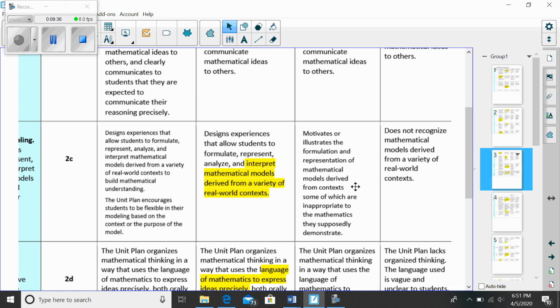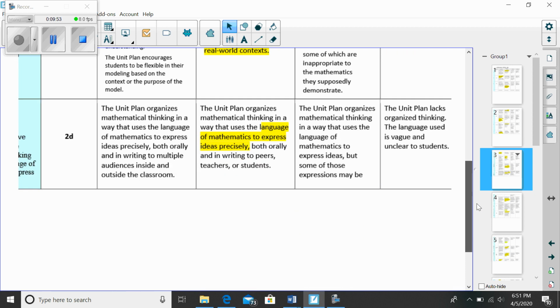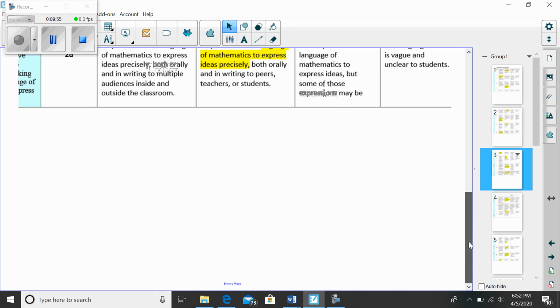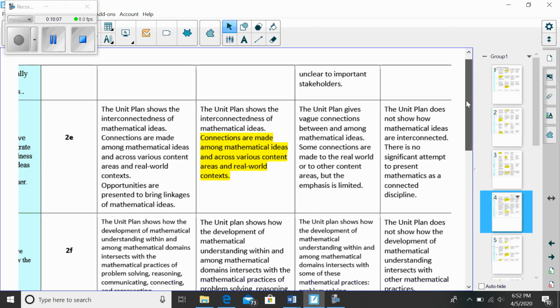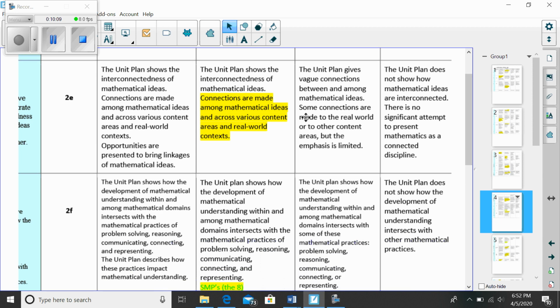If you have 1 or 2 real world contexts within your unit plan, I think that's doing pretty decent, but that would only get you probably a 2, because to get to a 3, you have to have a variety of them, which is tough to do. I certainly don't do that in my own teaching. I give some real world examples, but I would not say every unit I am providing a variety of real world examples.